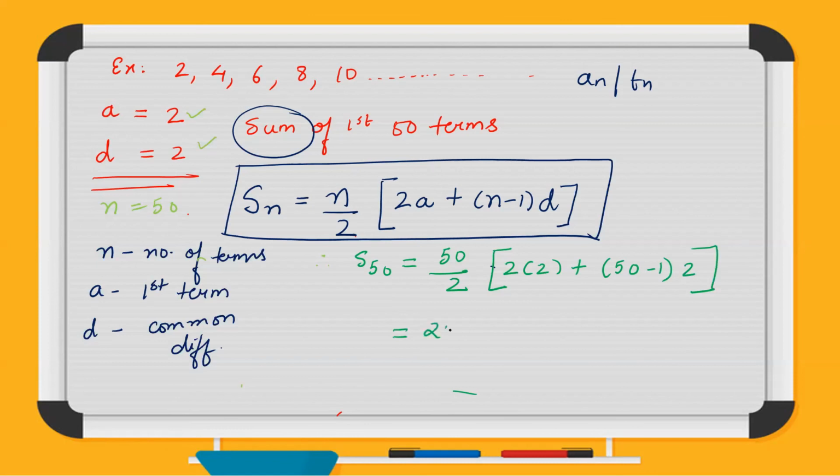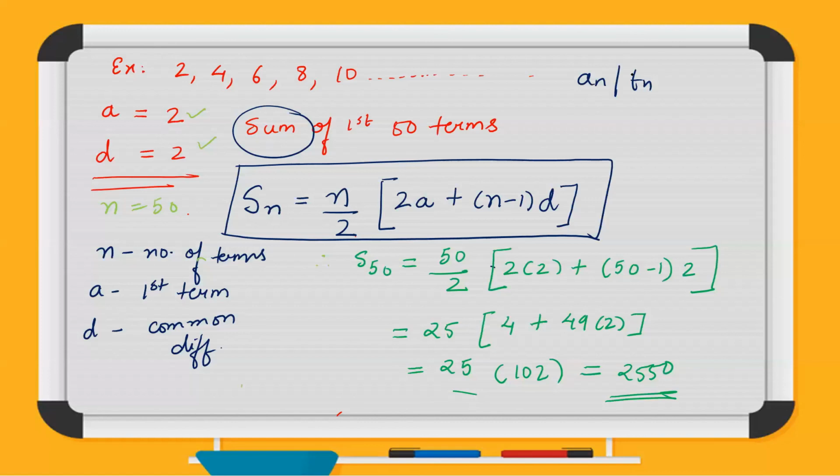So this would be 25 into (4 plus 49 into 2). 49 into 2 is 98, and 98 plus 4 is 102. Now 25 into 102 gives 2550. That means the sum of first 50 terms of this AP, or the sum of first 50 even numbers, is 2550. In this way we have to do.